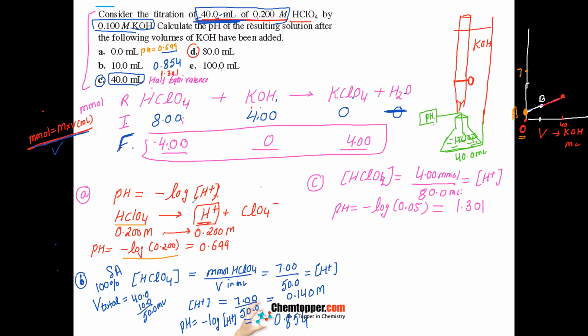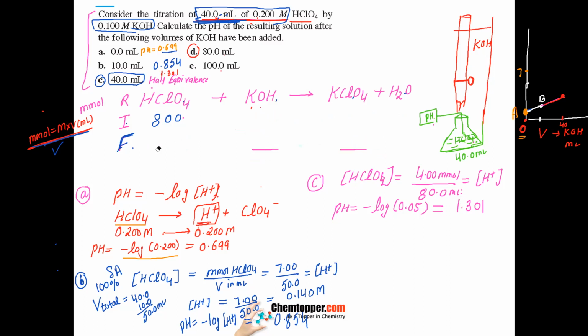Ready for the D? Same procedure, everything same. So help me in completing the table for the D point, and then we'll calculate the pH. Dhruv, we are doing D. So how many millimoles of HClO4? Because you added this volume into this.